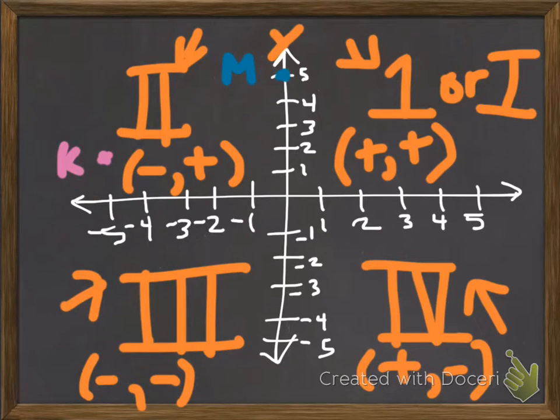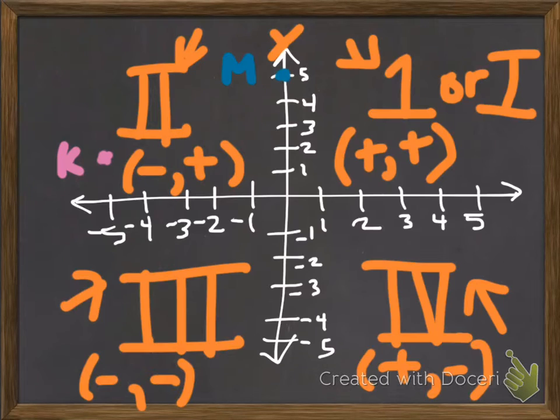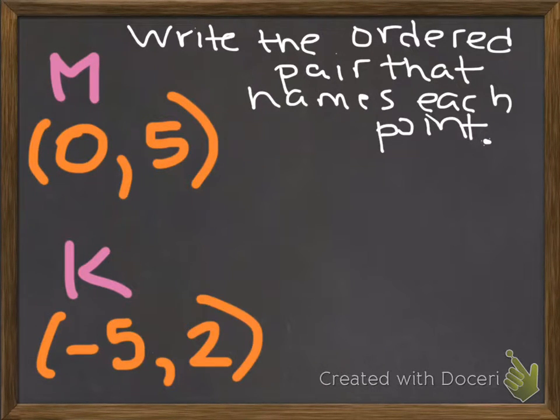It is up 5, so (0, 5) is the point. Then we go back to K. K is over here, and if you count over on the x-axis, that would be over negative 5 and up 2, positive 2. So that is going to be my ordered pair, (-5, 2).